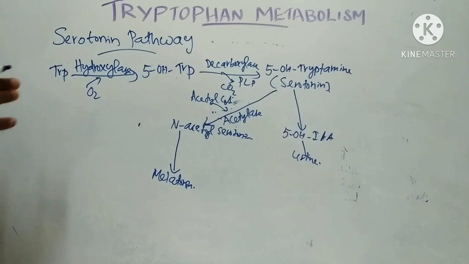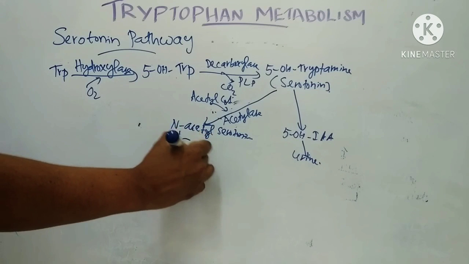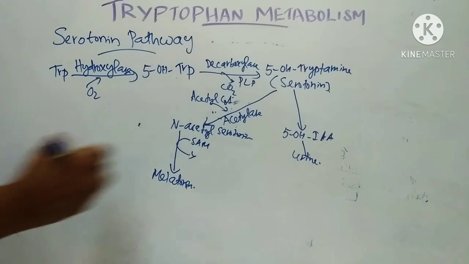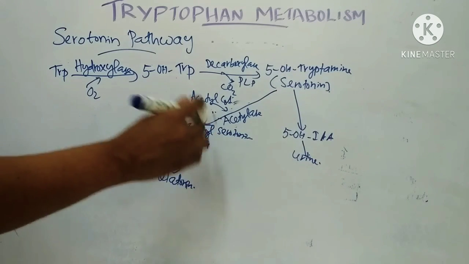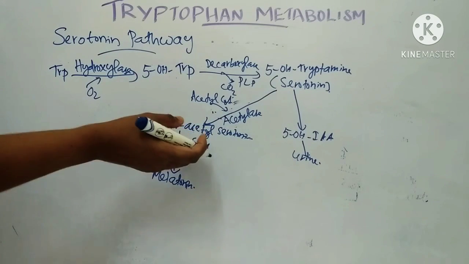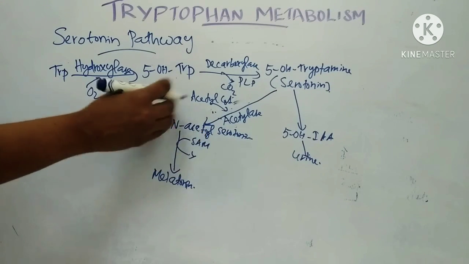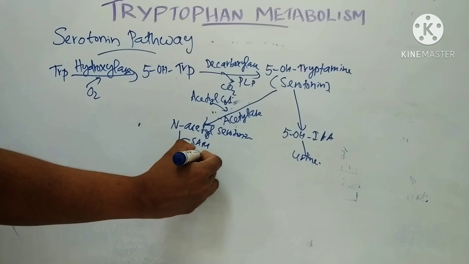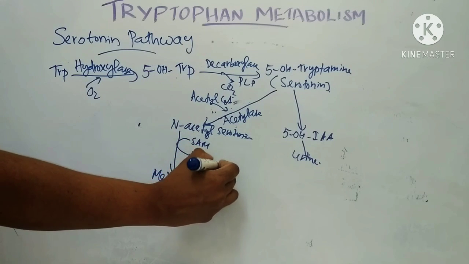Here S-adenosyl methionine, that is active methionine, acts as the methyl donor. This S-adenosyl methionine transfers the methyl group and it forms S-adenosyl homocysteine.